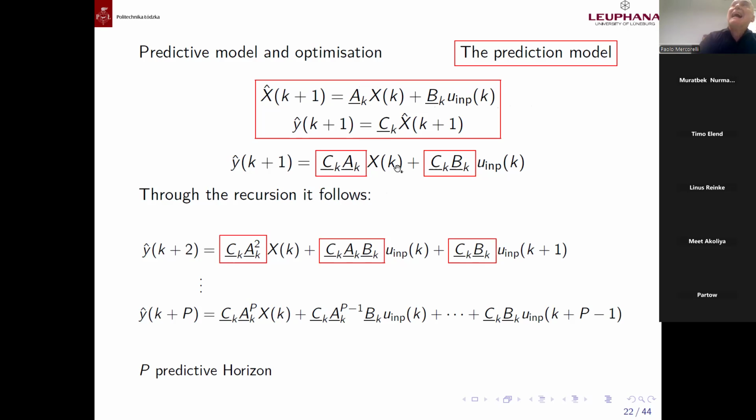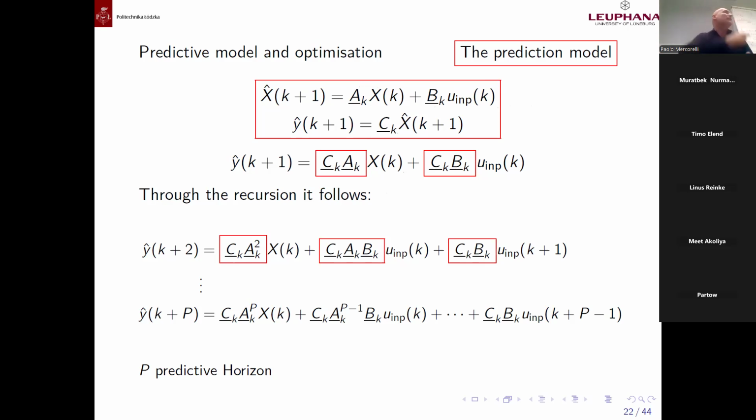Of course, when I add plus 1, this x becomes hat. Please don't be confused by the notation, because everything which is in the future is hat. If k is the present, k plus 1 is the future, therefore I put hat. I don't know if somewhere I forgot it, but the meaning is clear.